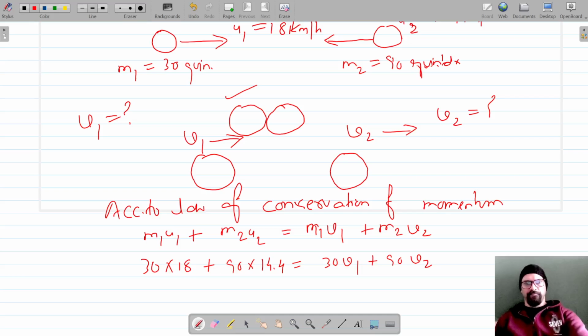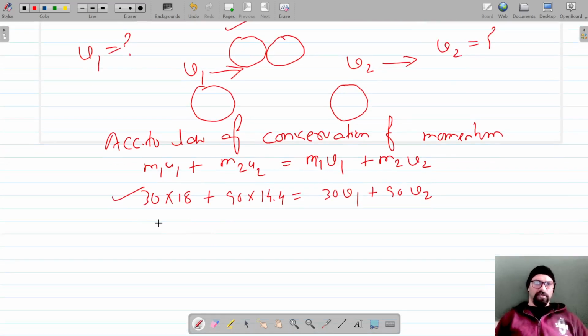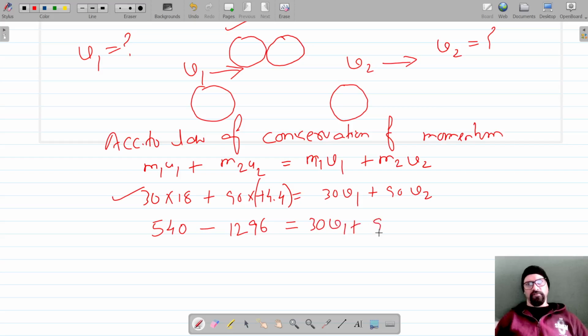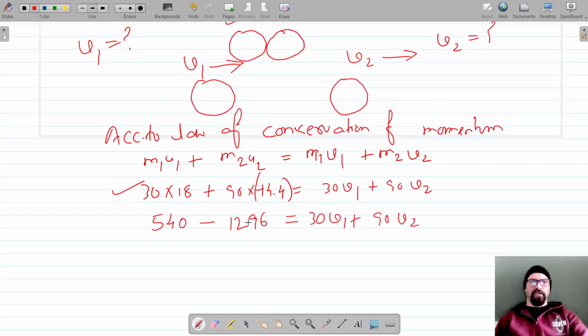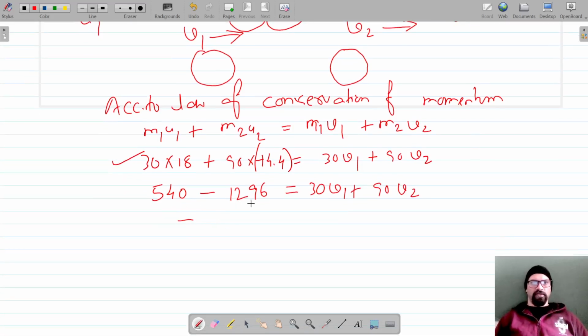Okay, so 30 into 18 is 540, and this is in the opposite direction, so it's negative: 540 minus 1296 is equal to 30 V1 plus 90 V2. So this is negative 1296 minus 540, which gives negative 756.